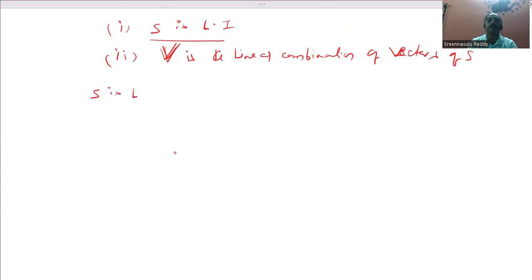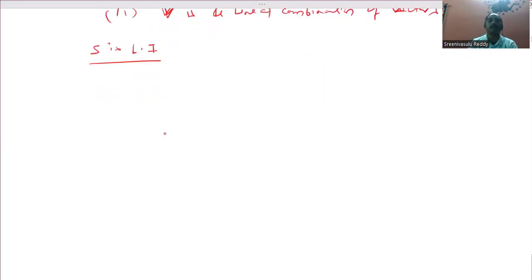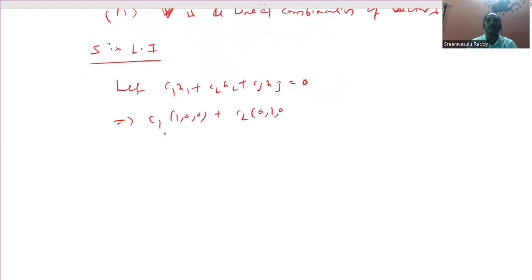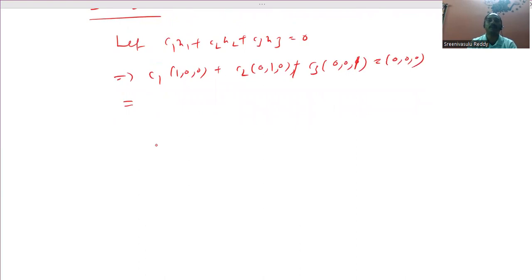S is linearly independent. As a routine procedure, one more time, anyhow, I am proving. Let C1 x1 plus C2 x2 plus C3 x3 equal to 0. C1 times x1, whose value is 1 0 0, plus C2 times x2, whose value is 0 1 0, plus C3 times x3, whose value is 0 0 1, equal to 0 0 0, because the 0 vector in 3-dimensional space is a 3-tuple.